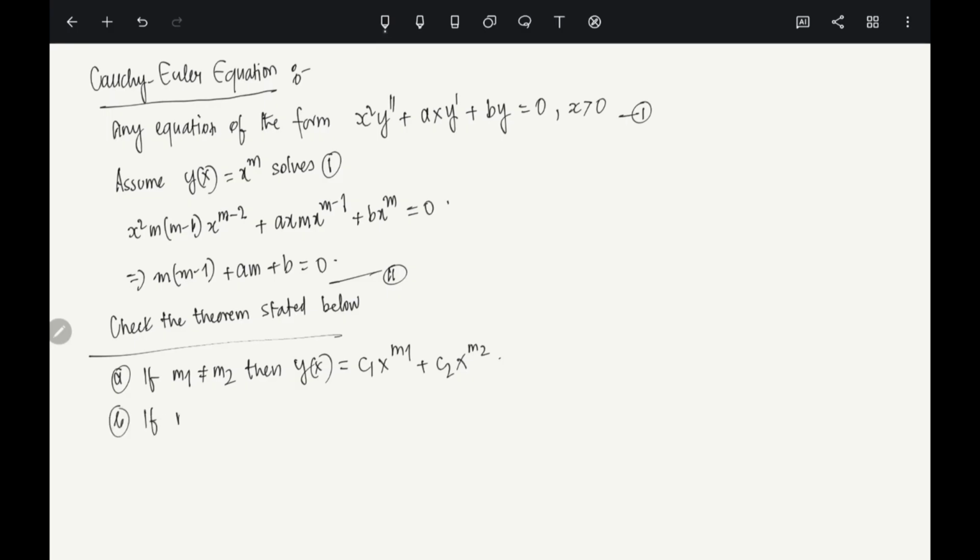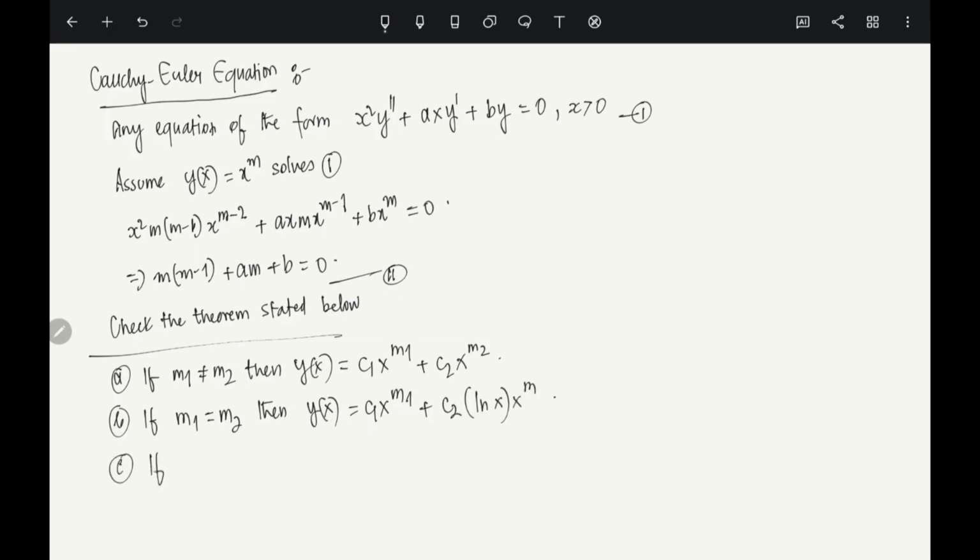Now if m1 equals m2, real and equal, then how does it look? y of x will look like c1 times x power m1 plus, for the second one, in the earlier case we got just an x, here we are going to get log x times x power m. Clear?